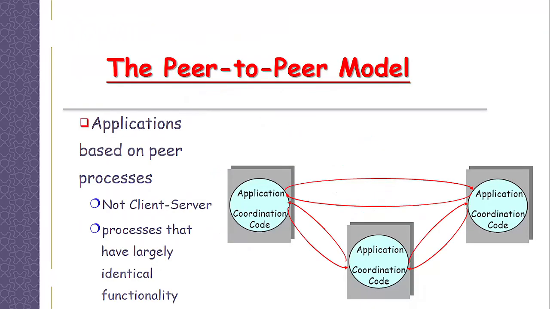So for those of us who don't understand what a peer-to-peer model looks like, there's no server between these nodes. Every computer or node is free to communicate with each and every node. So there's a high level of transparency, and all the tasks being executed across these nodes are more or less the same. There's no node that has the privilege of executing additional duties.